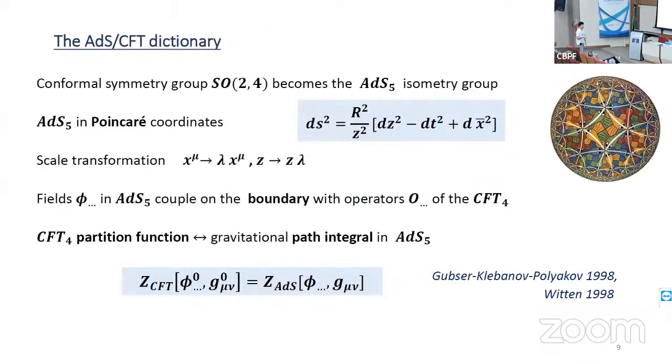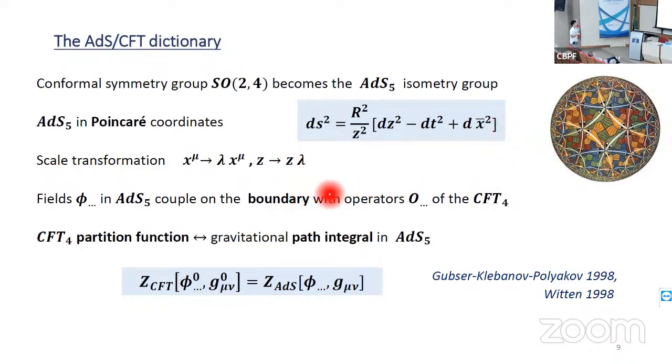And as Enrique explained, the AdS space is easier to describe in the Poincaré coordinates. You have this spatial radial coordinate that is associated with scale transformations, basically dilatations. That's why this figure is here, just to show how as you change the radial direction, you change your scale.